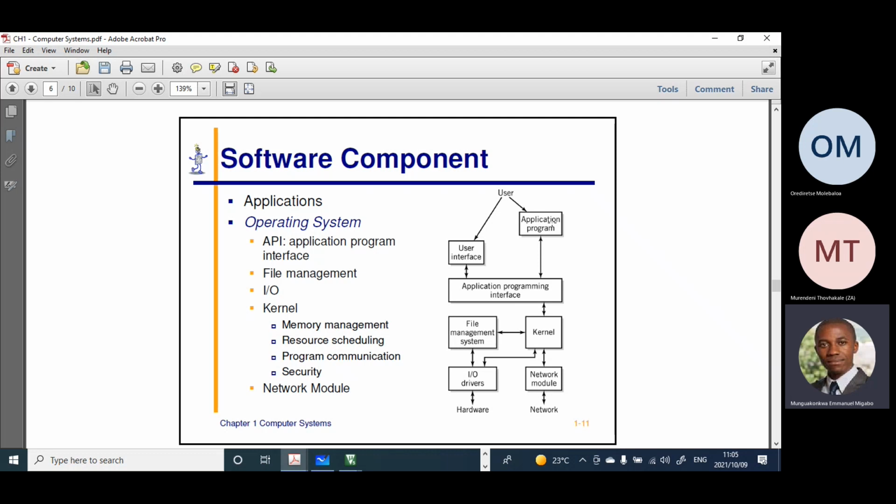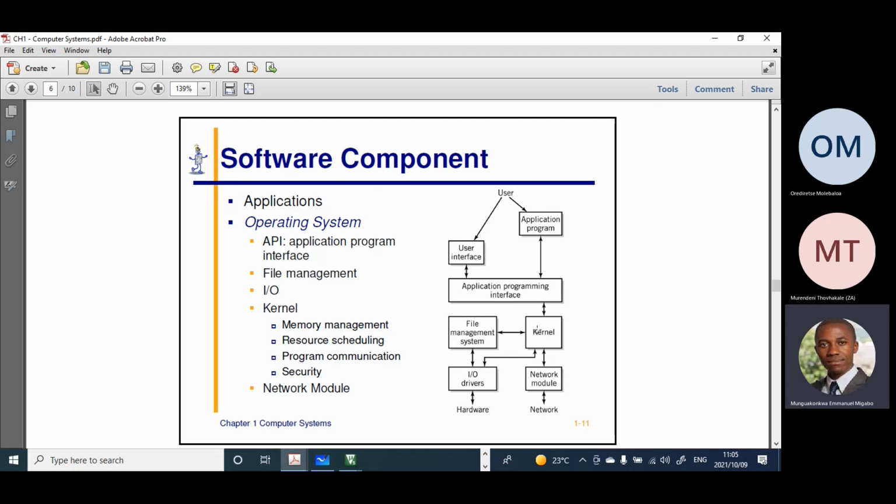One layer below, we've got what we call the API, Application Programming Interface, which serves as an interface between the operating system and the upper layers of software, which are the user interface and application programs. Application programs can talk directly to APIs, which provide an interface to the operating system. Of course, the file management system manages files, and then the kernel.